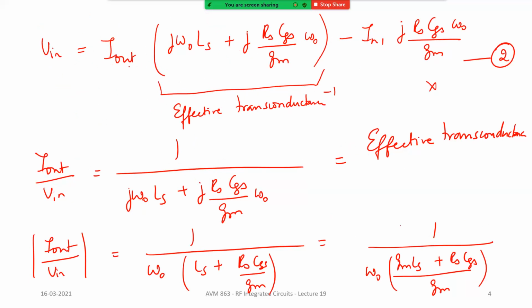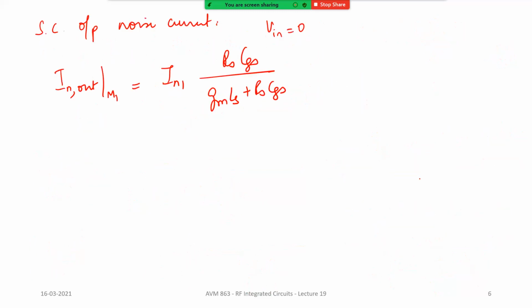I out is taken as I N out, the noise output current due to M1, and this term will come to the denominator. So you basically have Gm Ls, Gm gets cancelled, so Gm Ls, Rs Cgs in the denominator, omega naught cancels in the numerator and denominator, and Rs Cgs at the top. So this is what you basically get.